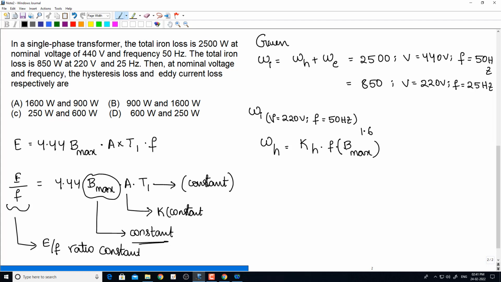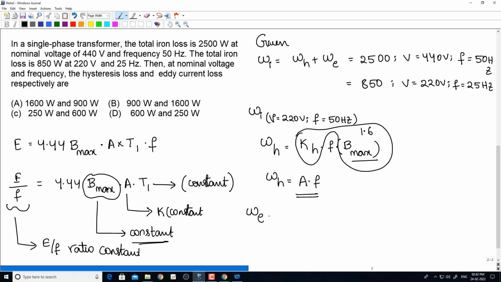We know that Bmax is constant, right? So, Wh is equal to some constant Kh into Bmax, which is constant. Only frequency will vary. So, we will write this one as A into F.